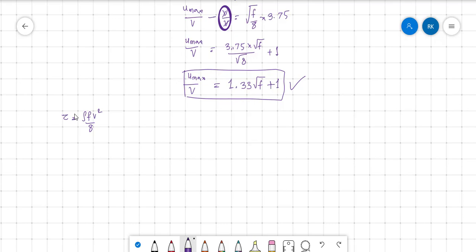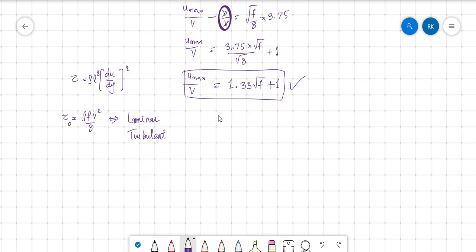What is this shear stress? This is the maximum shear stress, tau naught is equal to rho f V square by 8. But in turbulent flow, the shear stress was rho l square (du by dy) whole square. This maximum shear stress relation is valid for both laminar and turbulent flow.